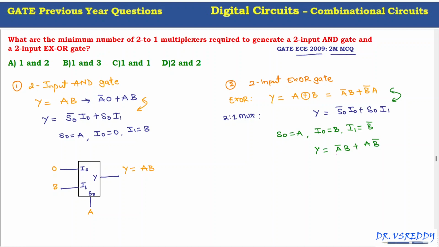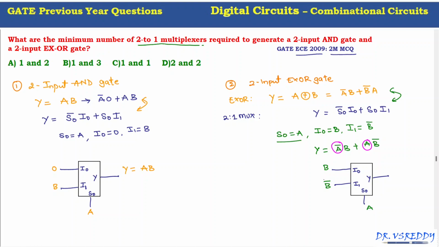A is the selection line. For the 2:1 multiplexer, the selection line is A, one input is B, and the second input is B prime. But here we use only 2 to 1 multiplexers to implement this XOR gate.